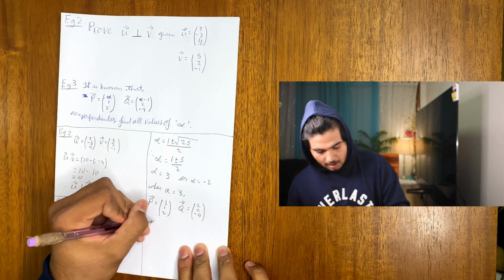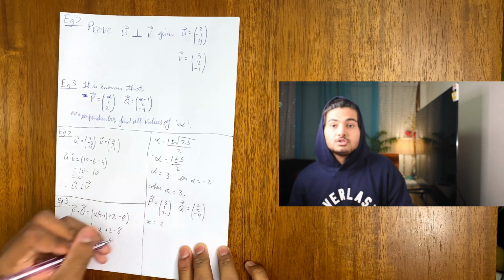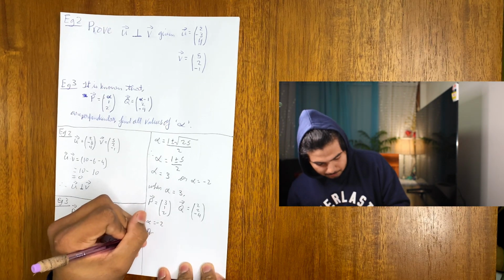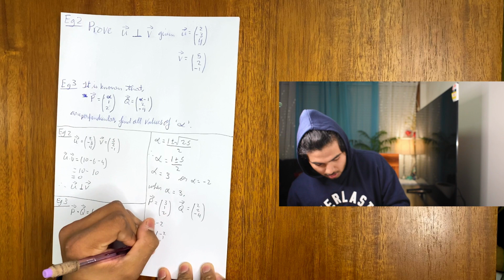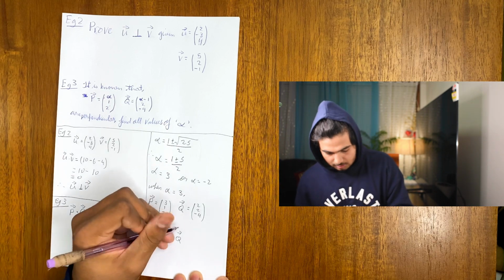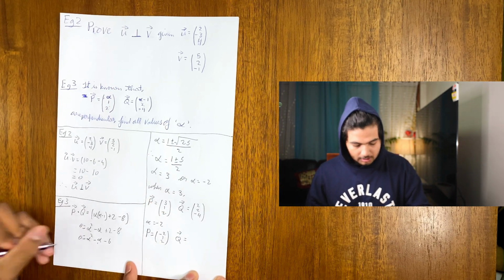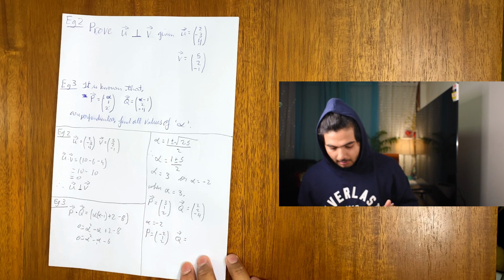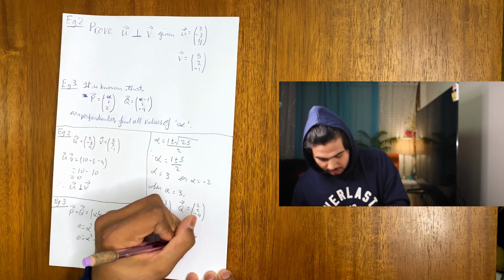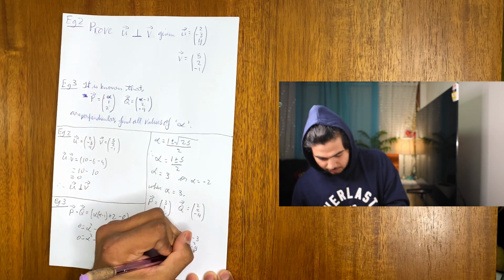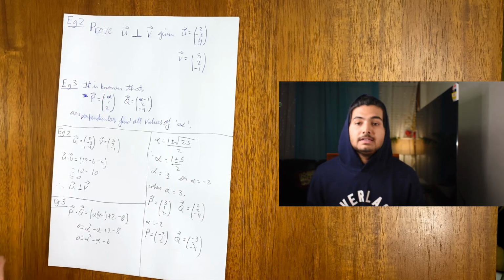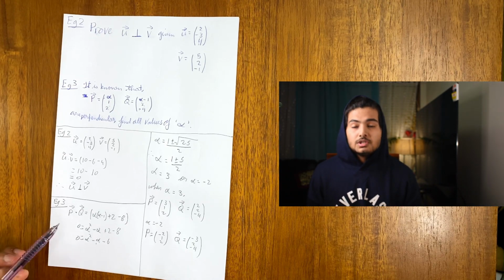And then when alpha equals -2, p equals -2, 1, 2, and q becomes -2 minus 1, 2, -4. Sorry, this will all be 0 because the dot product equals 0. So that is how you do these 3 examples in relation to the dot product.